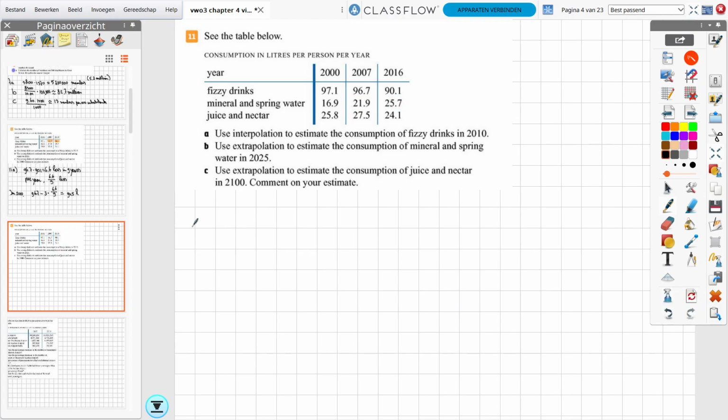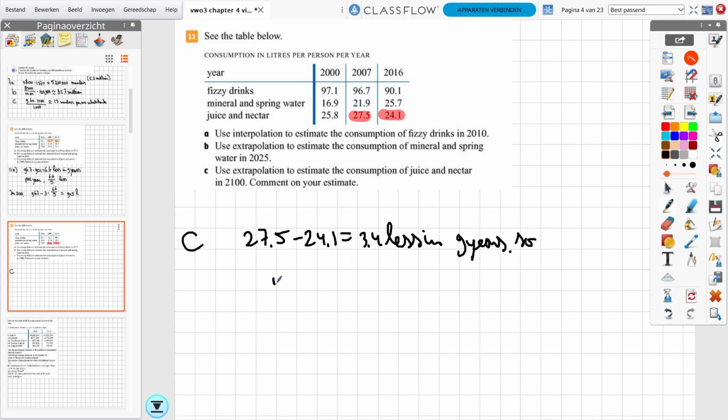For C. Use extrapolation to estimate the consumption of juice and nectar in 2100. Comment on your estimates. Let's take a look. Extrapolation, so the last two of juice and nectar. By now you should know how to do this. We subtract them. In this case I have a decrease, so I have 3.4 less in 9 years.